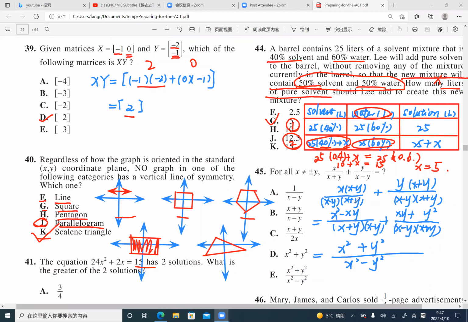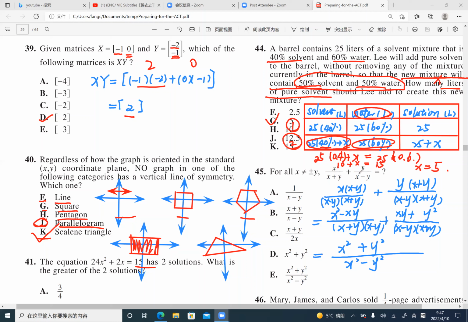So we rewrite the two fractions with the common denominator x minus y times x plus y. So it equals x times x minus y divided by x minus y times x plus y, plus y times x plus y divided by x minus y times x plus y.